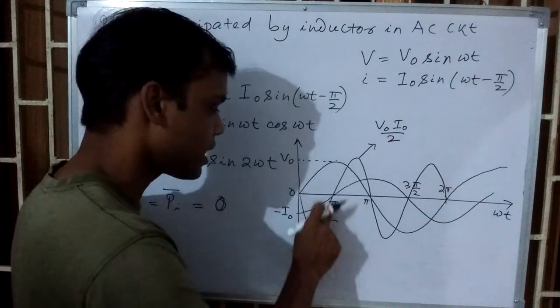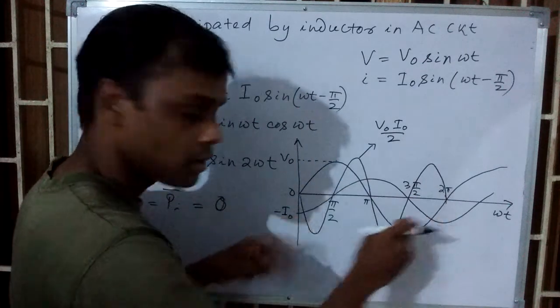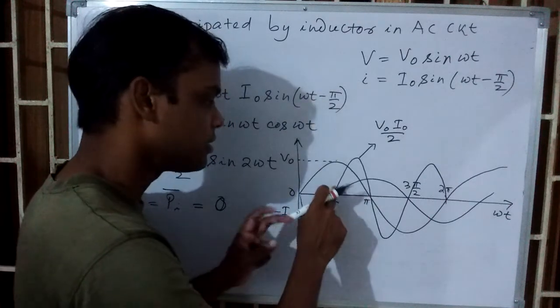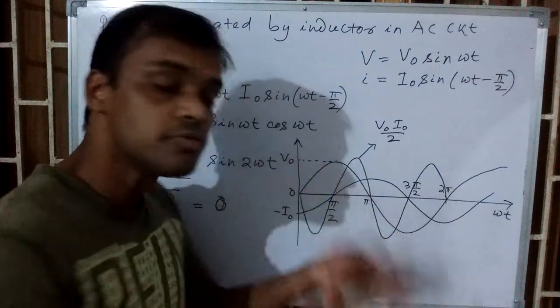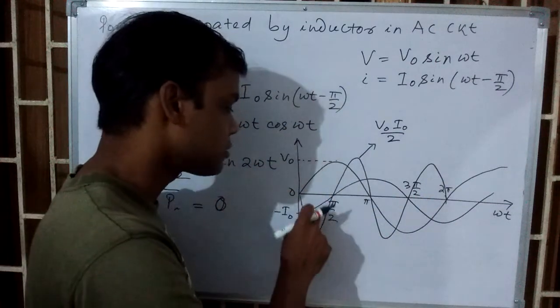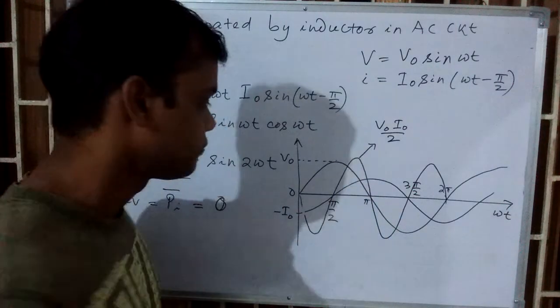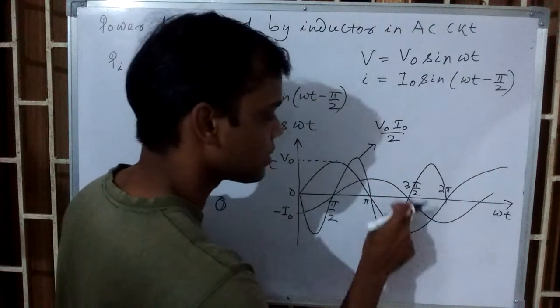So within one half cycle of power or one quarter cycle of overall, it supplies power, and in the next quarter cycle it consumes power. Whatever power it supplies, again it consumes that. Then we shall go for the next quarter cycle.